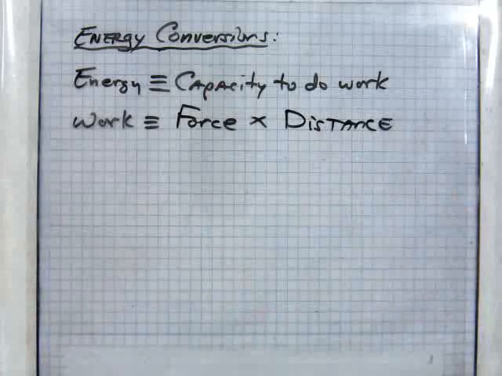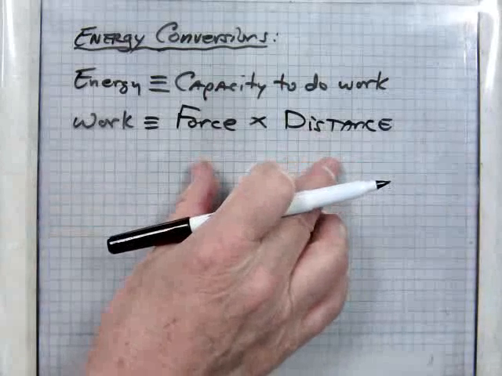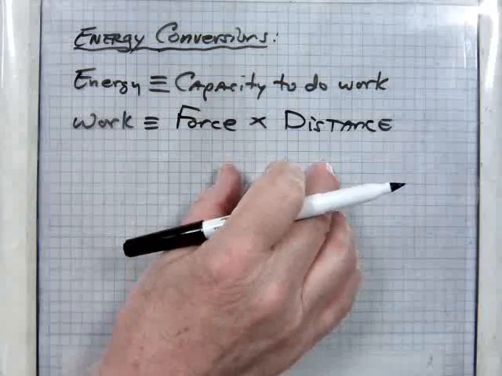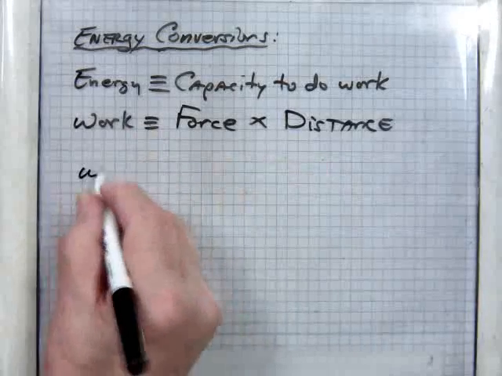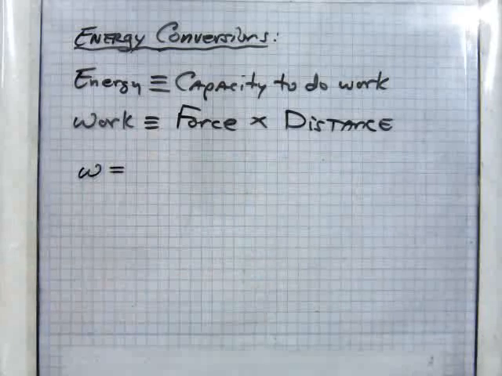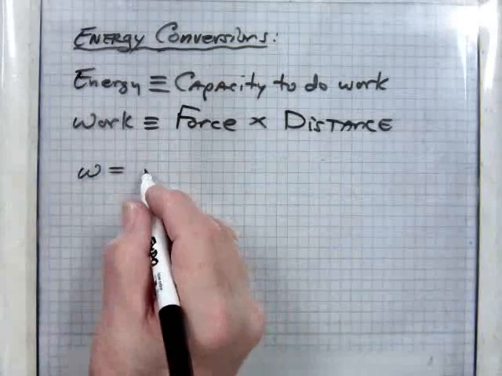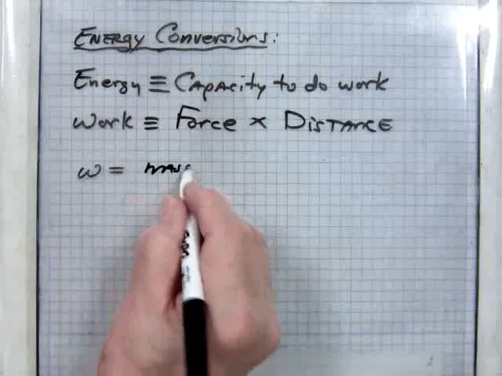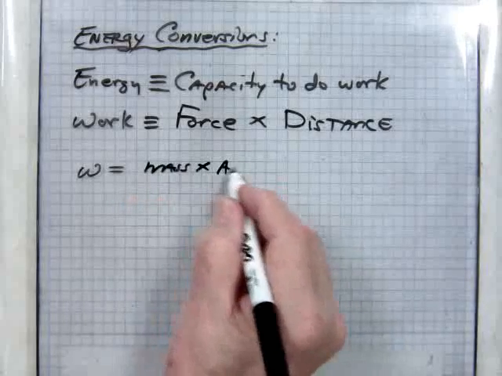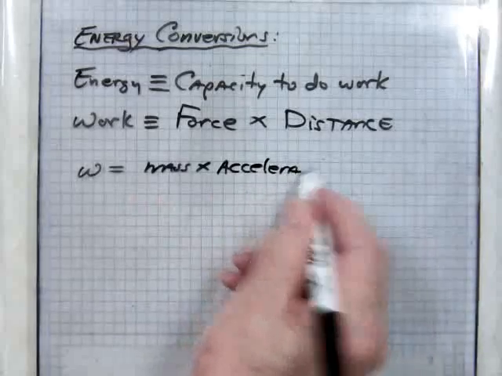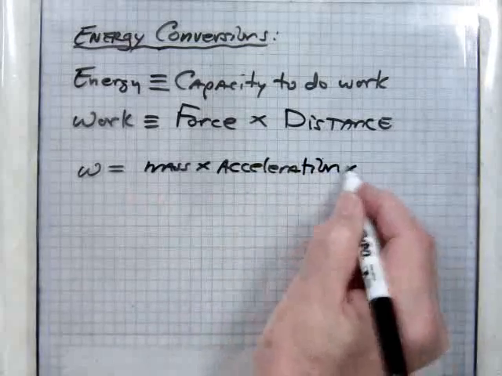Well, if we apply the standard international units to these fundamental quantities, what we find is that work is force, which by Newton's second law is mass times acceleration, times distance.